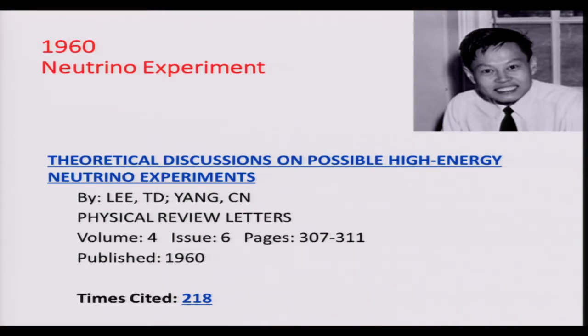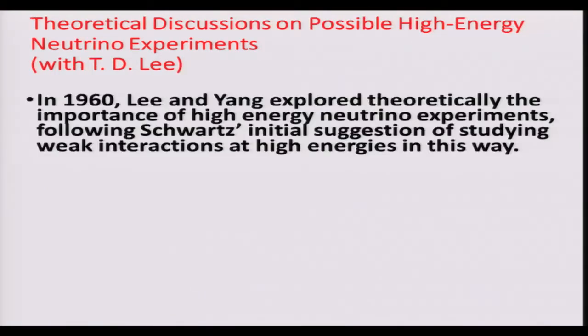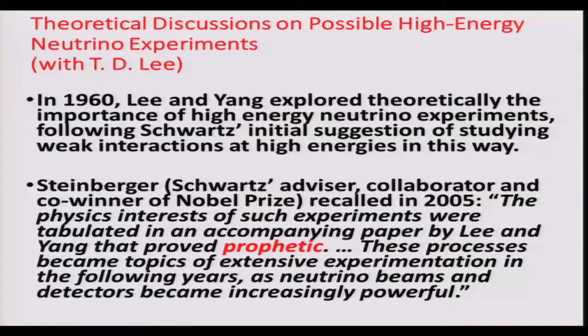In 1960, Lee and Yang published a theoretical paper on neutrino experiments. This follows Schwartz's suggestion of using a high energy neutrino beam to study weak interaction.